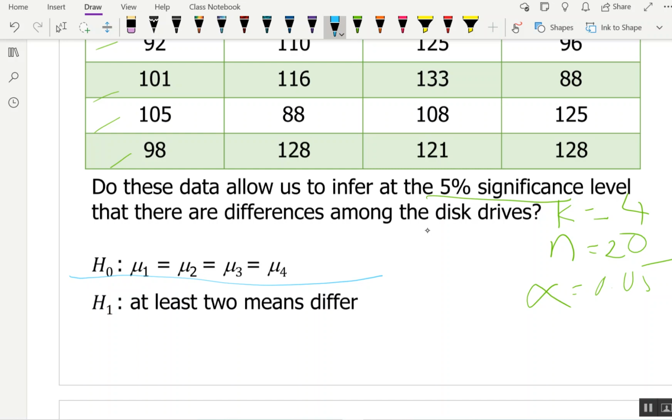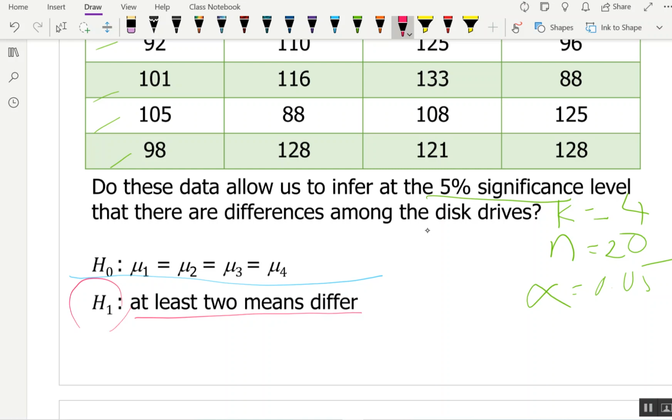In this case we have 4 groups or populations. We define the statement of the hypothesis now: the mean population of group 1 equals group 2, group 3, and group 4. Now, of course, the contrary of this hypothesis is the alternative hypothesis, which is at least 2 means differ.